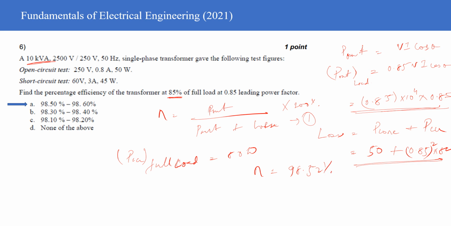Now this particular thing falls in the bracket of this, and therefore A becomes your correct answer. So I'm hoping that this was also clear to you guys. If there is any query, feel free to ask, and I'll try to solve them.